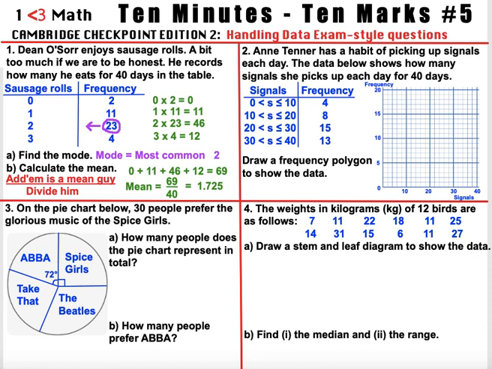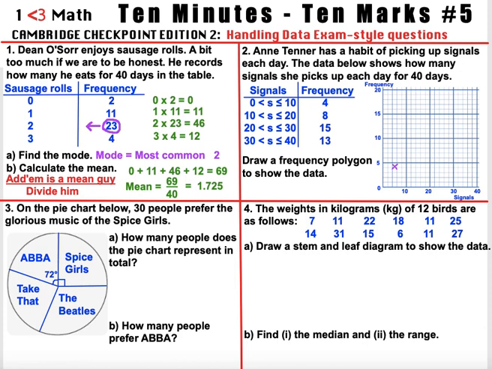Now basically to plot this, we're going to plot the frequency being the y-axis, and the signals as the x-axis. Now, because we've got class intervals, we're going to go in the middle of those class intervals to plot. So for example, for 0 to 10, we're going to plot at 5, and there were 4 days where she picked up that many signals, so we plot as I've just shown on the screen.